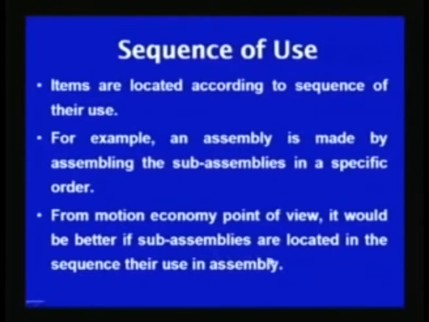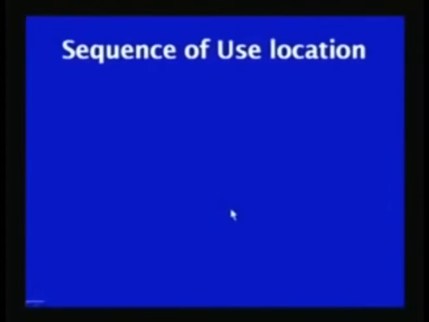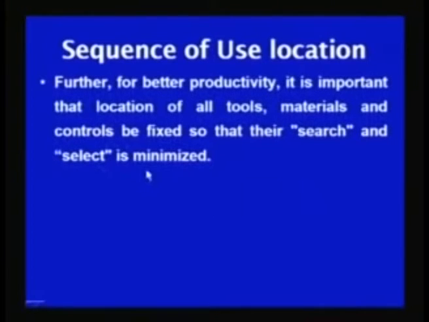However, from the principles of economy point of view, it would be better if the controls and sub assemblies are located in the sequence of their use. So, for better economy of the work and for increased productivity, it is important that the location of all tools, materials and controls be fixed in such a way that search and select is minimized.